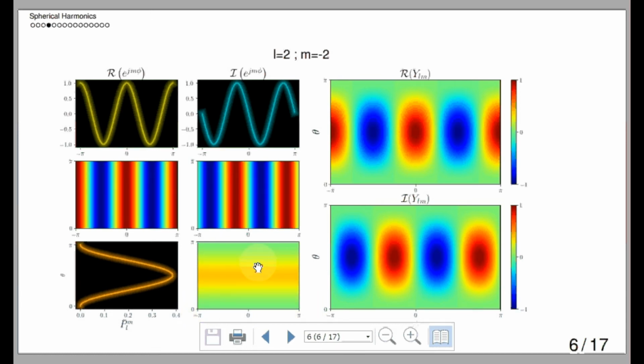So now how do you obtain the spherical harmonic function? You take the real part of this complex exponential and multiply it with this part, the associated Legendre polynomial. What you get if you multiply these two is the real part of the spherical harmonic function, what you see here.